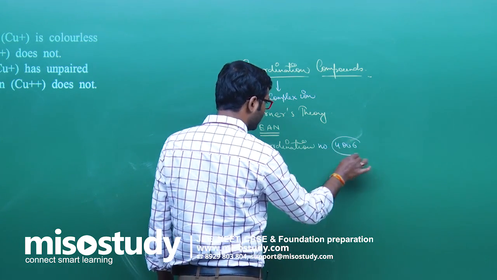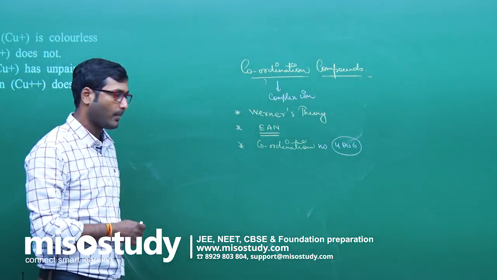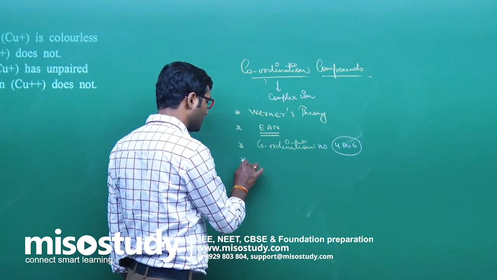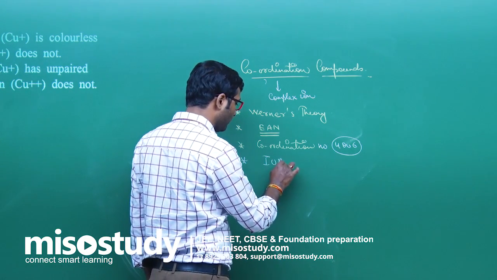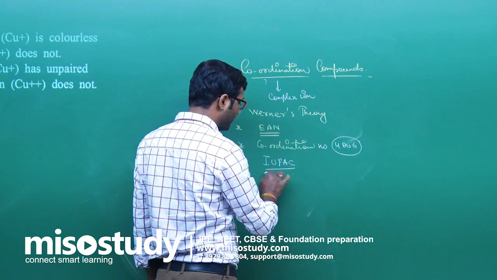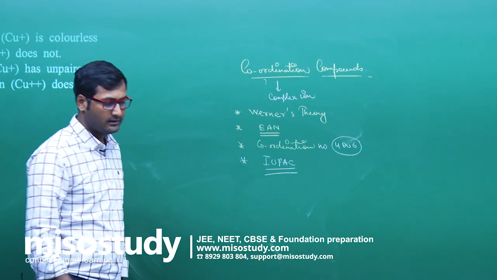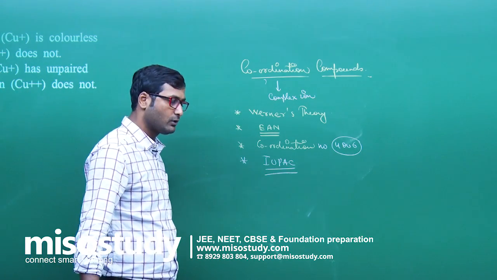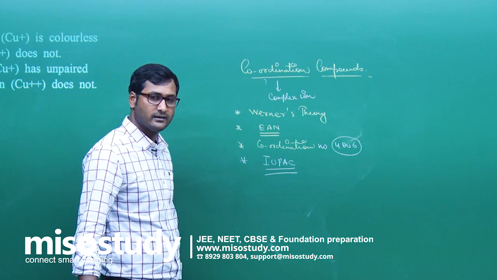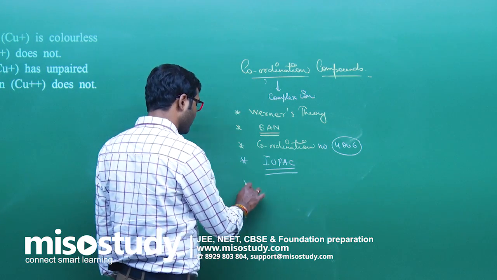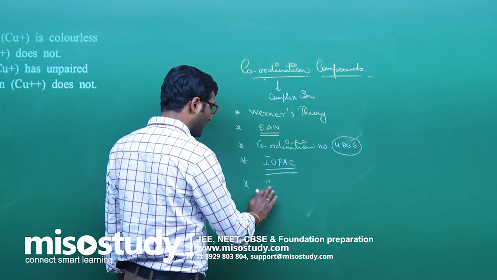Then you have to focus on IUPAC nomenclature for anionic complex, for cationic complex, then molecules containing both cation and anions, then non-ionic complex. Then isomerism.